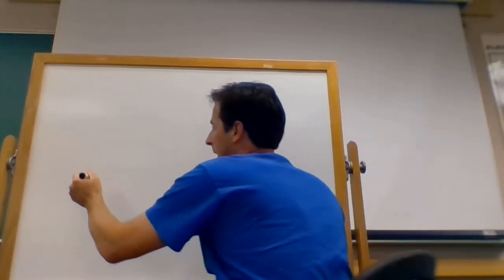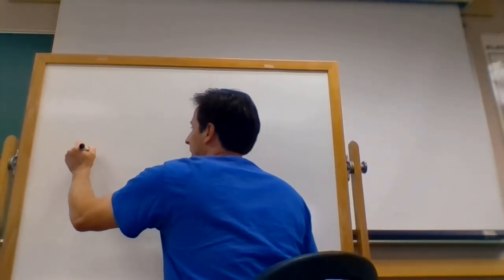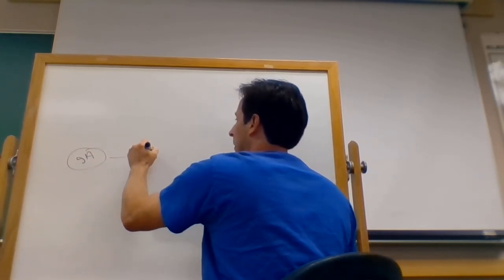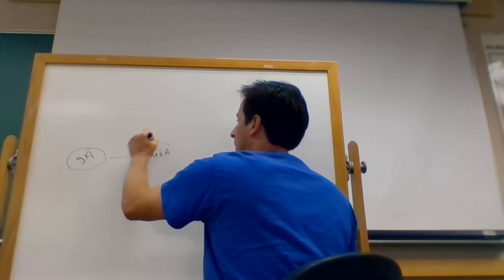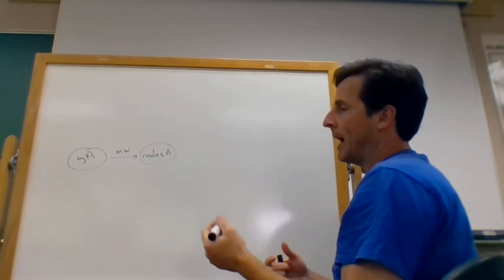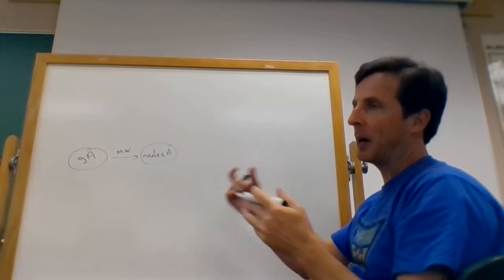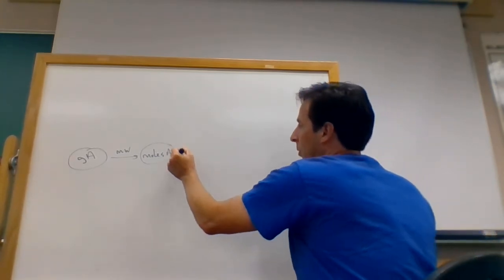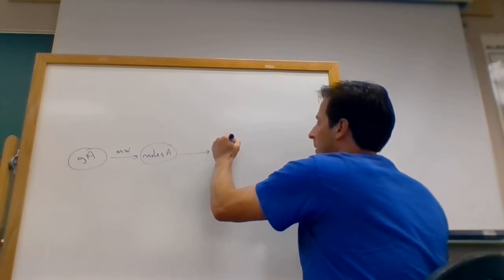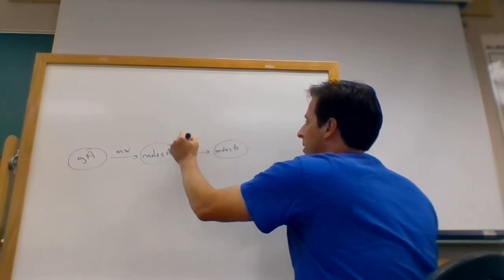We learned that we can take from grams of A, we can go to moles of A using the molecular weight. And then if we have a reaction between compound A and compound B or whatever, we can go from moles of A to moles of B with the ratio.